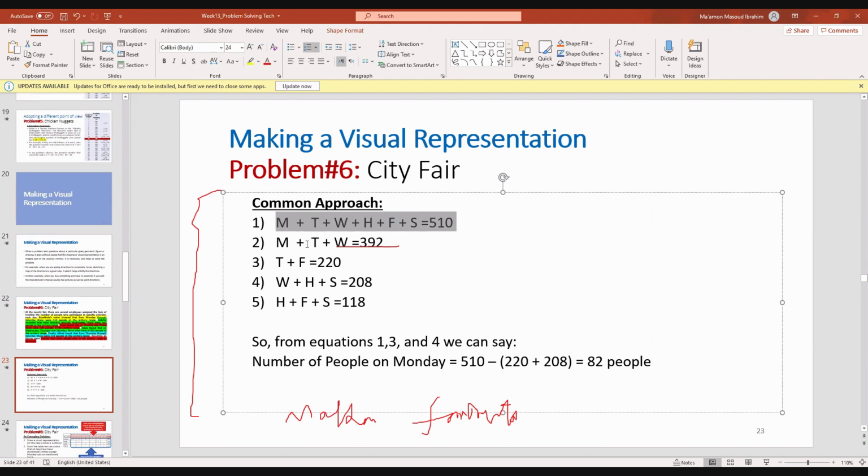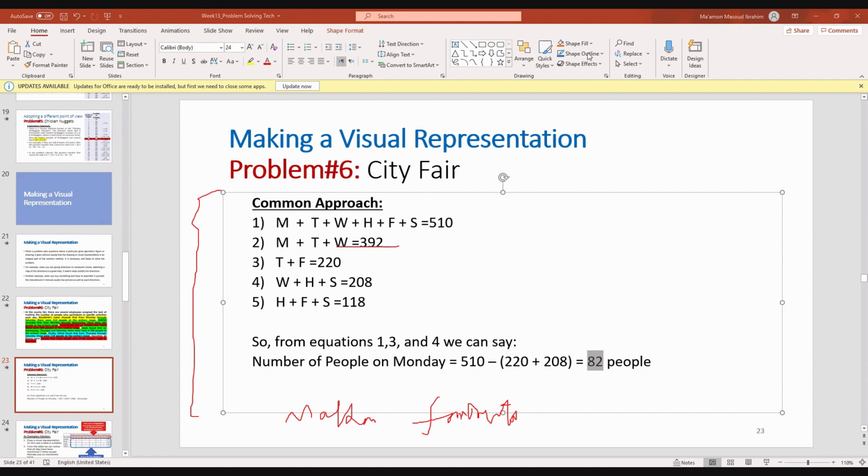Then the other one said from Monday to Wednesday we have 392 people, and the third one said on Tuesday and Friday we have 220 people, and the fourth person said that from Wednesday to Saturday we have 208, and the last one said Thursday, Friday, and Saturday we have 118. And based on solving these equations, we find the number of people.